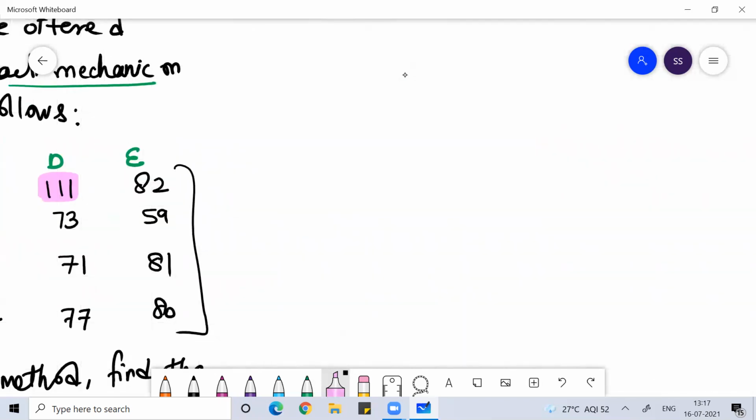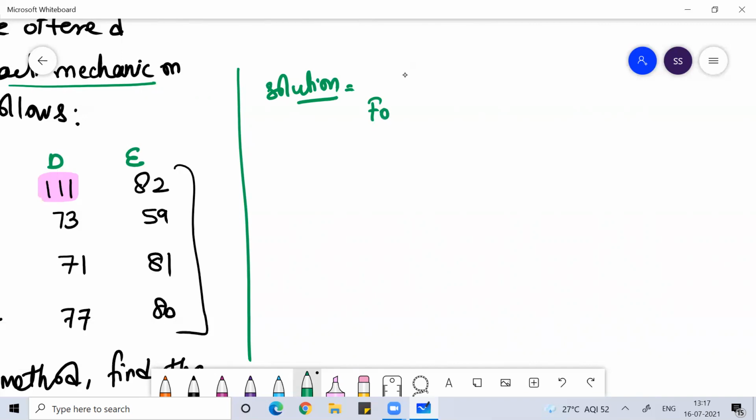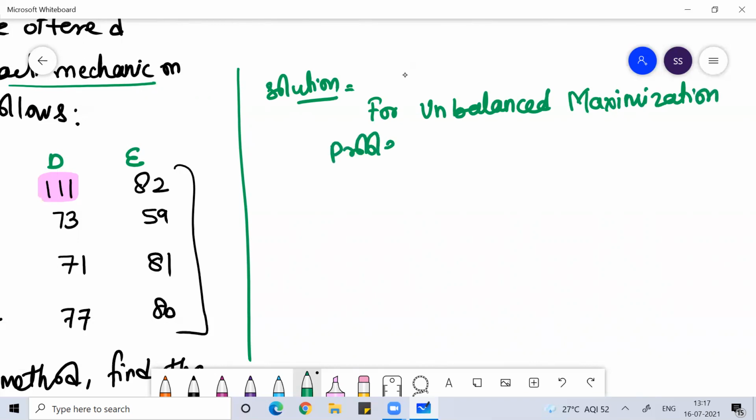If you really want to solve this problem, then for an unbalanced maximization problem of assignment problem, what do we do?